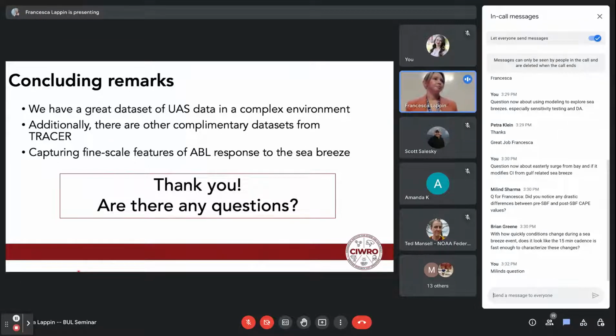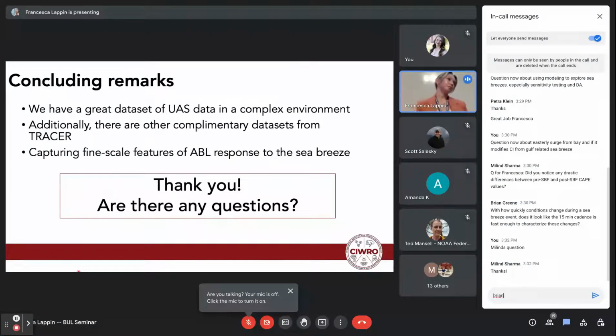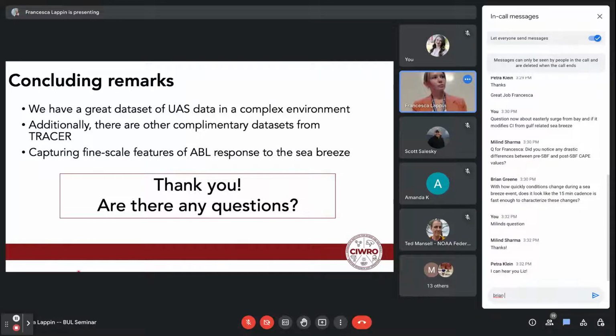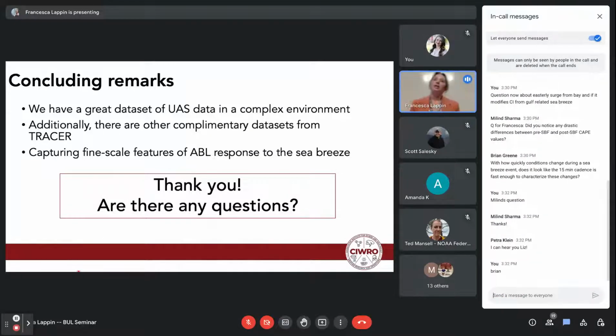Another question from the chat, from Brian Green: With how quickly conditions change during the sea breeze event, does it look like the 15-minute cadence is fast enough to characterize these changes? I guess it'd be hard to say without comparing it to a faster cadence, but I think so. We did go up to 7 minutes once, and I don't know if we were getting a whole lot of changes in that 7-minute period that we weren't in that 15.